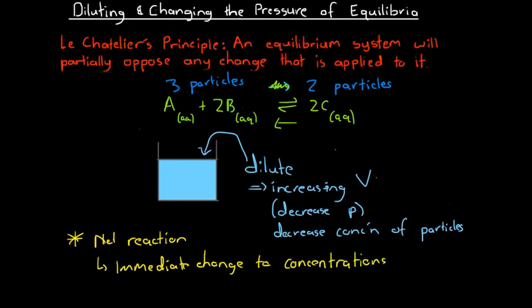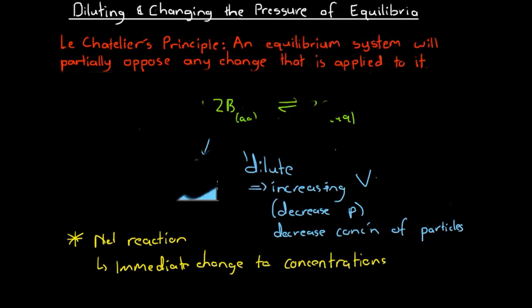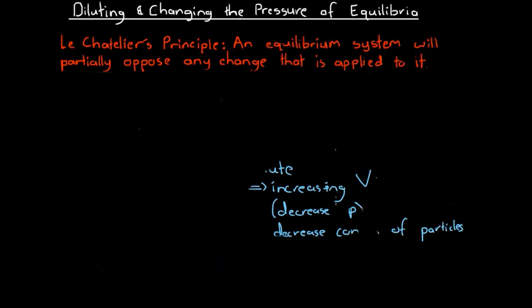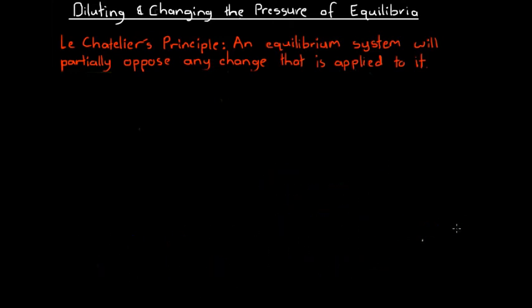We're going to take a look at a gaseous example, and we're going to draw a concentration versus time graph for it. What we're looking at is the change in volume of a mixture of two gases: N2O4, which is being used to produce NO2.